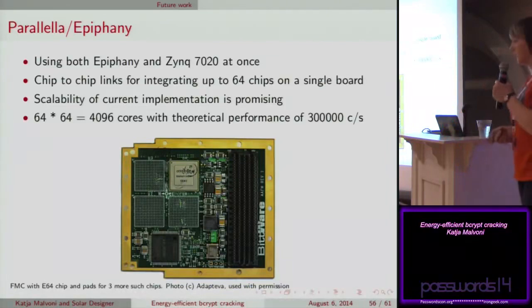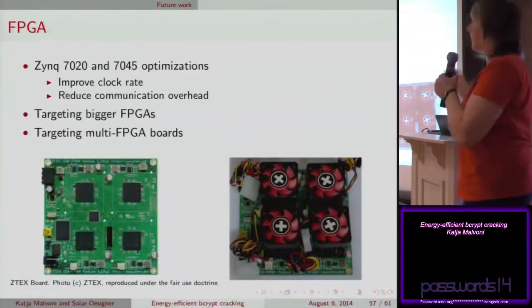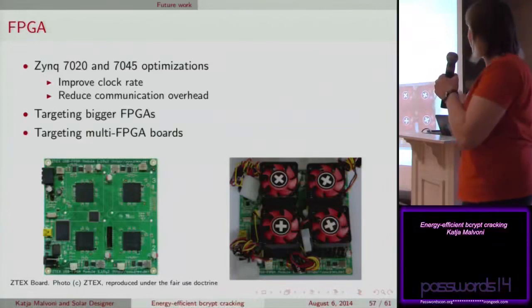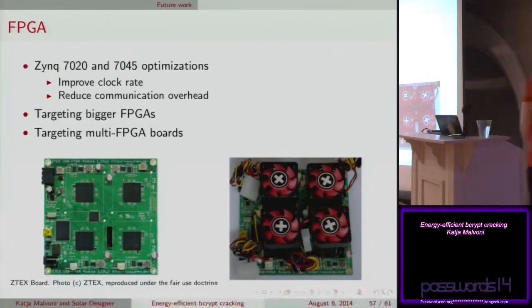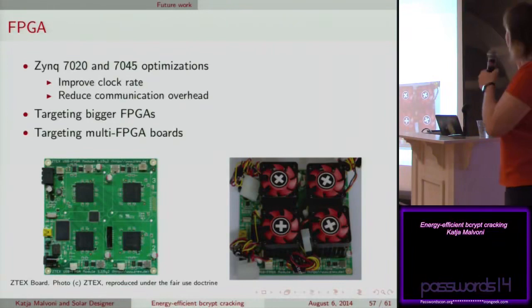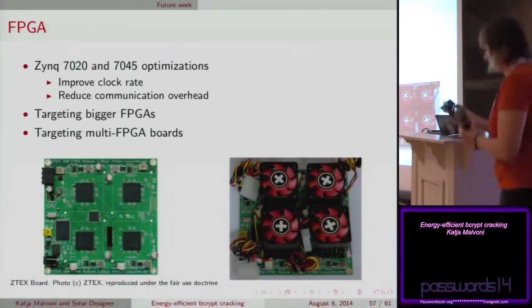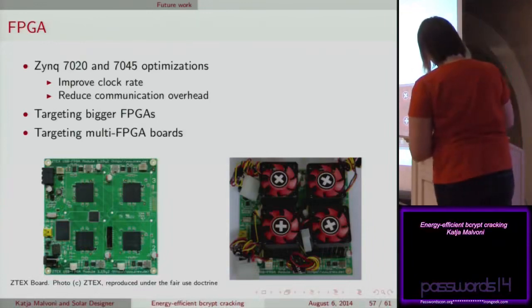300,000 cracks per second. With FPGAs, we still have room for optimizations on Zynq devices. We should improve the clock rate and reduce communication overhead. Also, we have this ZTEX Bitcoin miner, which is a multi-FPGA board, with a disconnected fan now.